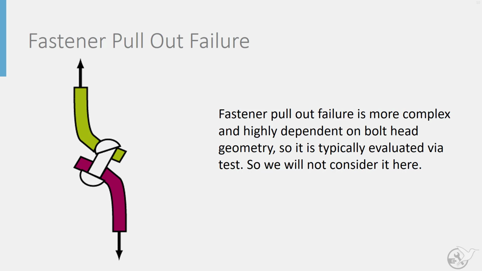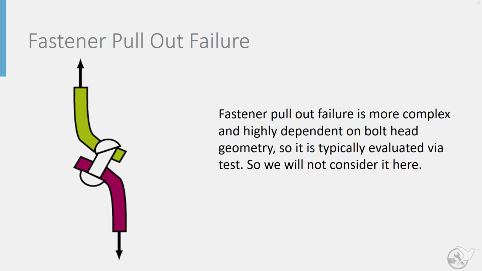The final failure mode is fastener pull-out failure. However, this failure mode is much more complex. It's a little bit more difficult to develop an analytical model because it's highly dependent on the bolt head geometry. So you can imagine the shape of the bolt head will have a huge influence on whether or not it gets pulled through the sheet.